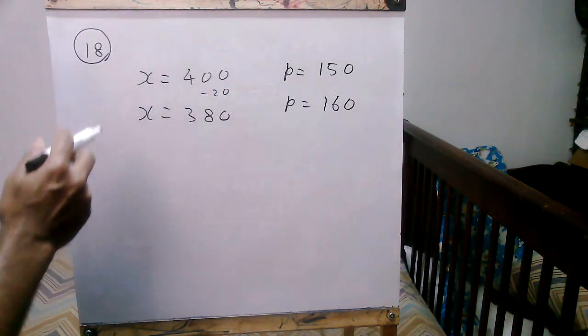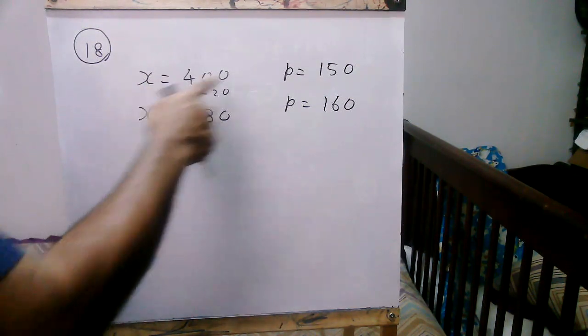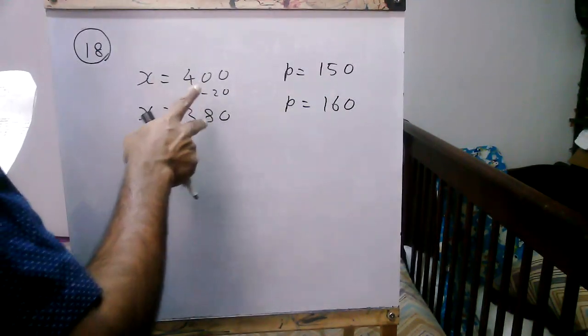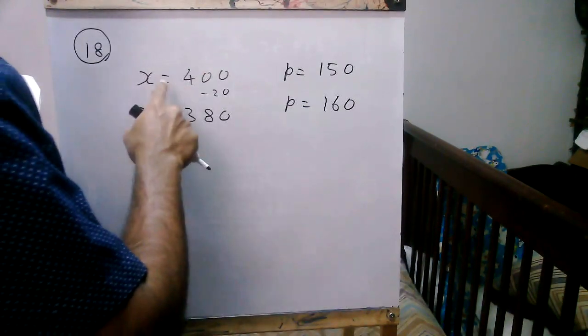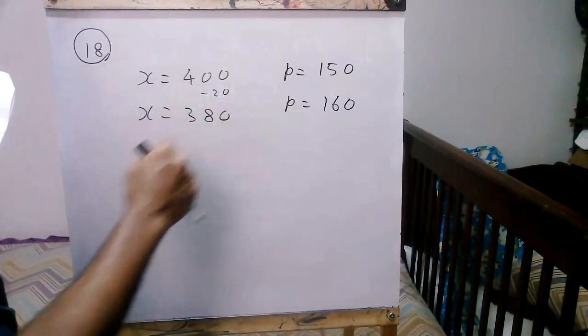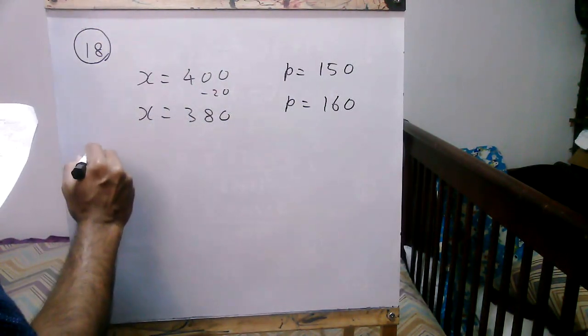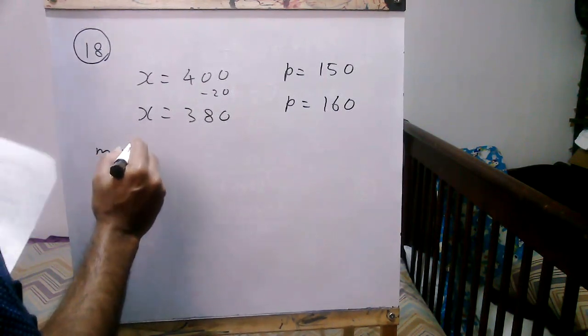Now they're asking you to find the demand function. In simple terms, that is the equation of the line going through these two points, x1 y1 and x2 y2. First we can find the slope m.